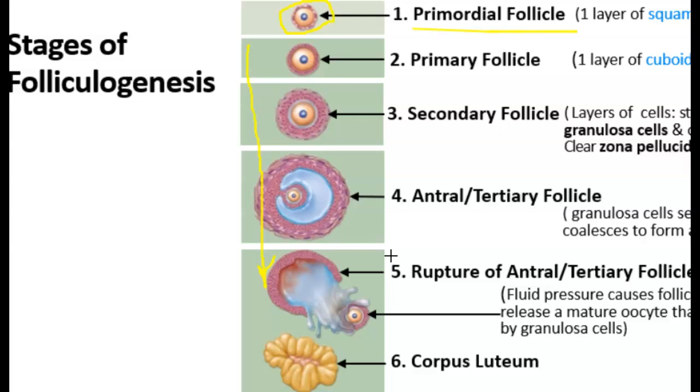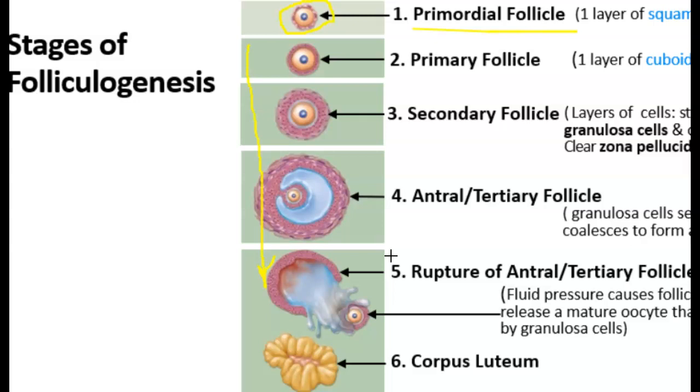These are gonadotropins coming from the pituitary gland. But then even those 20 that have responded to gonadotropins from the pituitary gland won't make it all the way through this process that you see here, these stages of folliculogenesis.